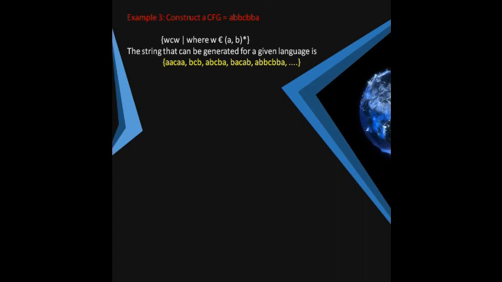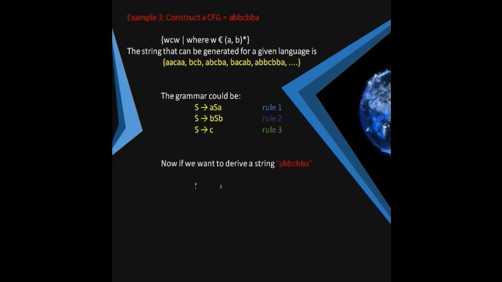Here let's take another example where we are supposed to form the following string a b b c b b a, and the grammar we are going to use here is the following three rules. So now let's begin. Here by rule 1 we get aSa. Now in the second step we will try to replace this S from the first step. Then we will get bSb.